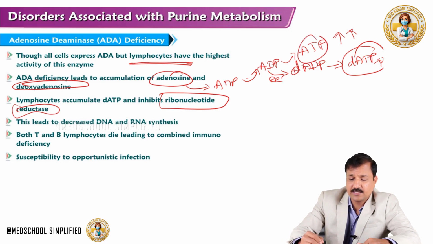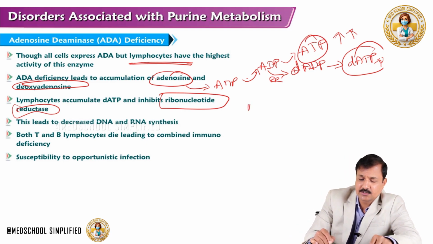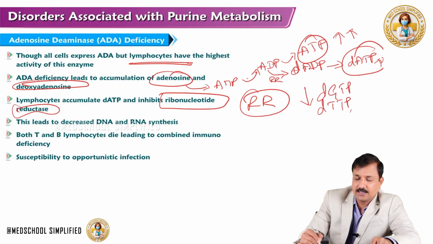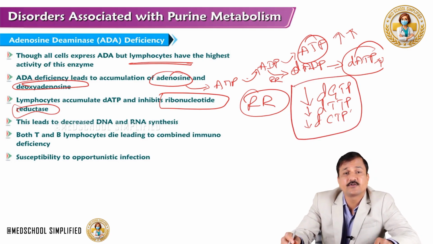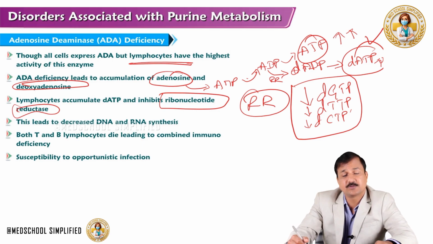So whenever both ATP and dATP are elevated, the inhibitor dATP predominates and inhibits ribonucleotide reductase, thereby decreasing dGTP, dTTP and dCTP formation. So all other deoxynucleotide triphosphates will be decreased, while deoxyadenosine triphosphate will be elevated.